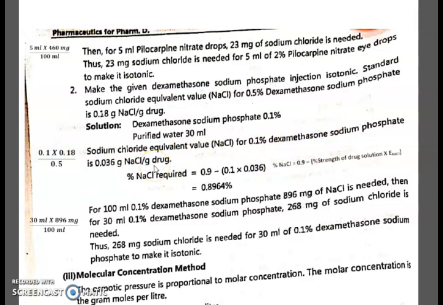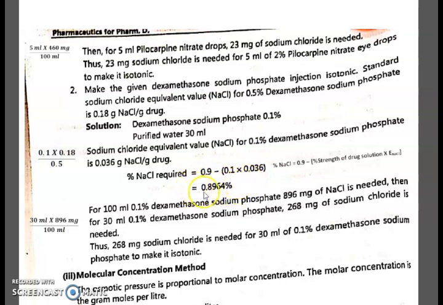Now, by using the equation percentage NaCl equals 0.9 minus percentage strength of drug solution multiplied by ENaCl, that is the equivalent NaCl value, and putting the values in this equation, we get 0.9 minus 0.1 multiplied by 0.036.